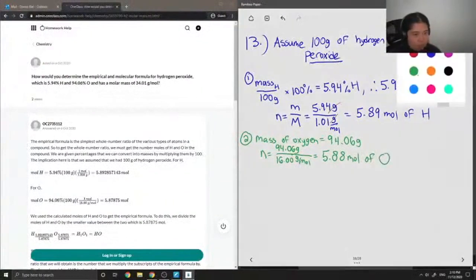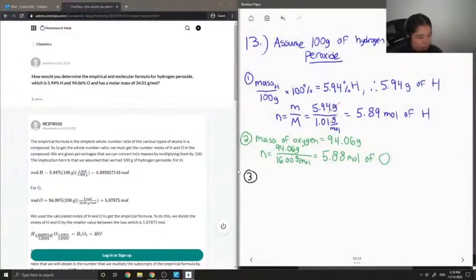So those are the first two steps. The third step is to divide by the smallest number of moles. So I'm going to write out hydrogen.